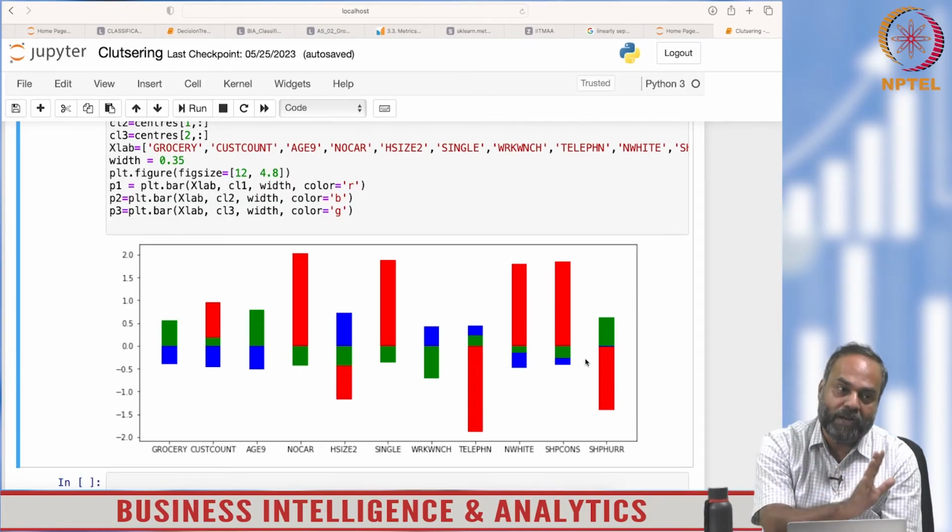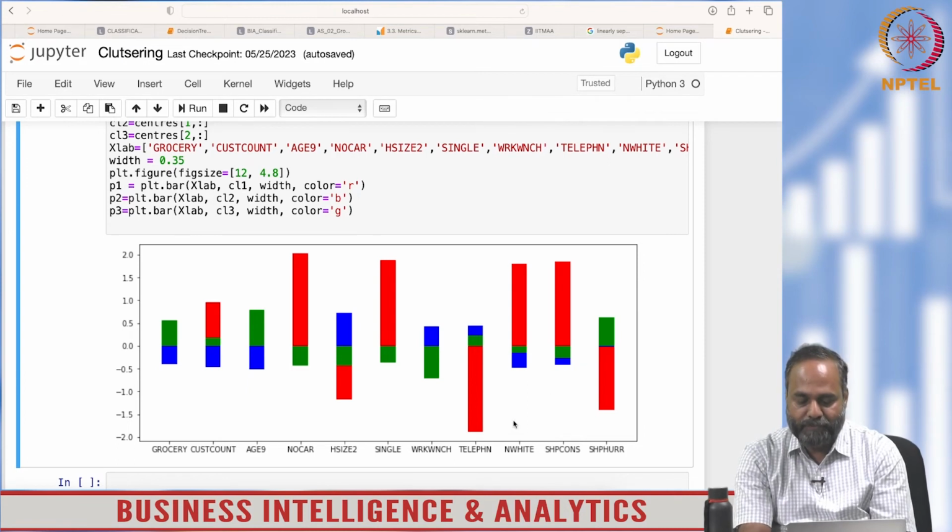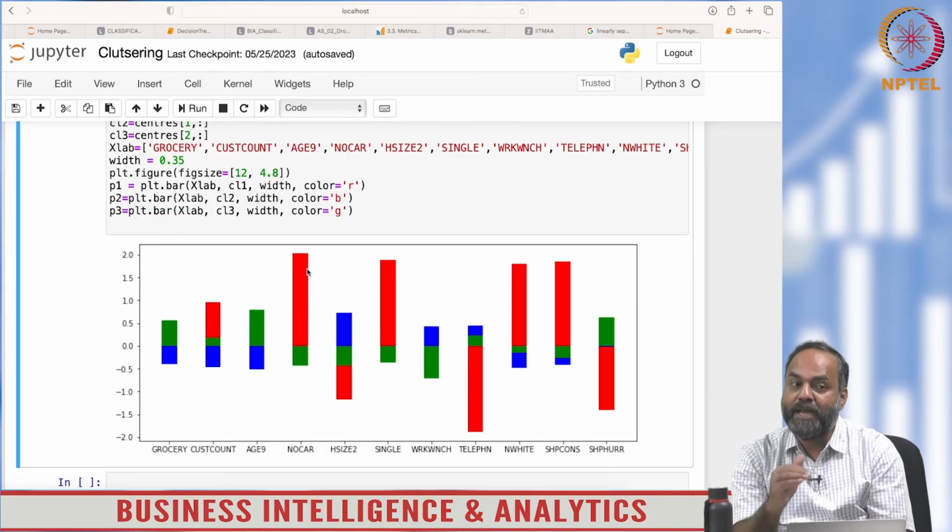Now, look at the demographic features of the red cluster. The percentage of customers with a telephone is very low, singles are very high, and customers with no car, no automobiles, are very high. So, you are looking at other demographic characteristics of that cluster.